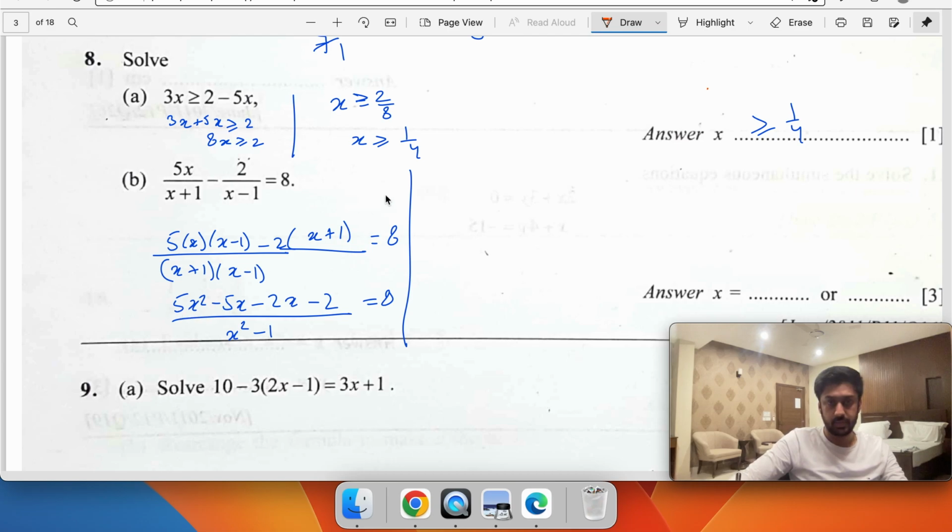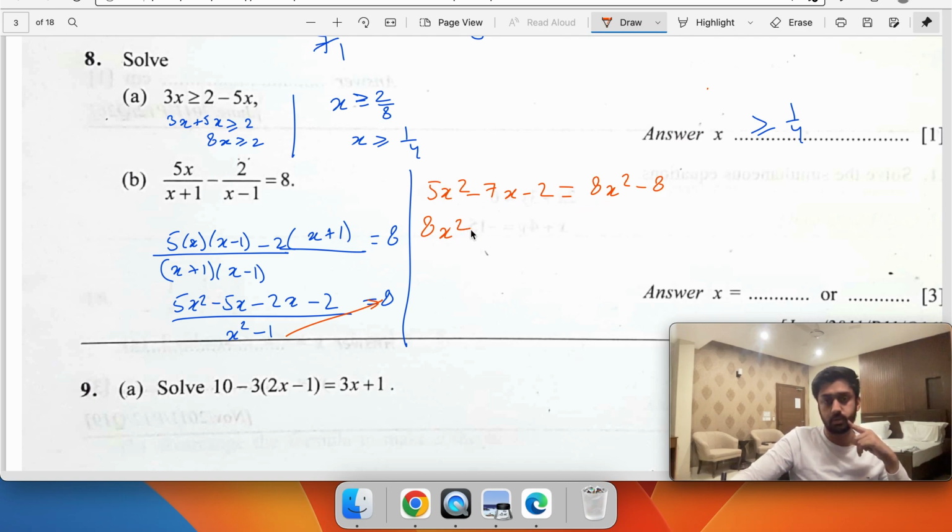Keep simplifying. 5x square, minus 7x minus 2, and multiplying this on the other side is 8x square minus 8.